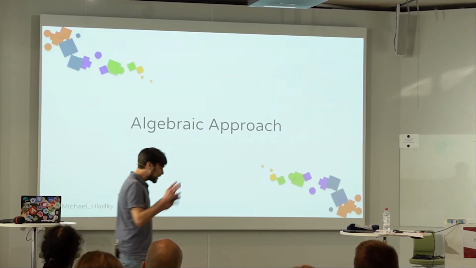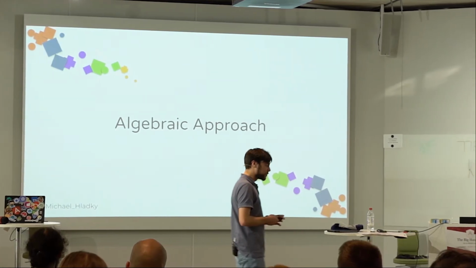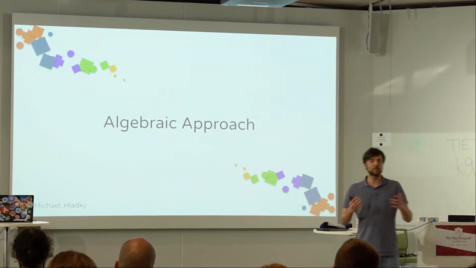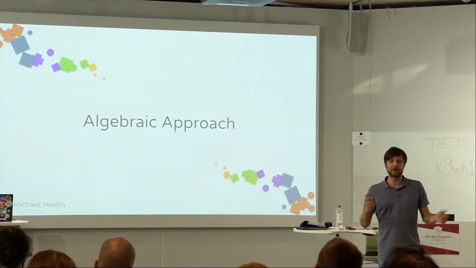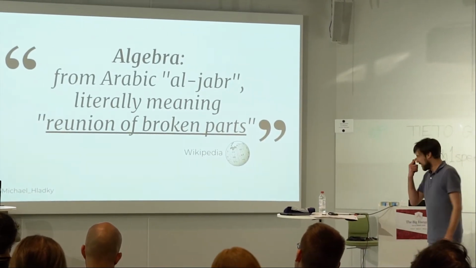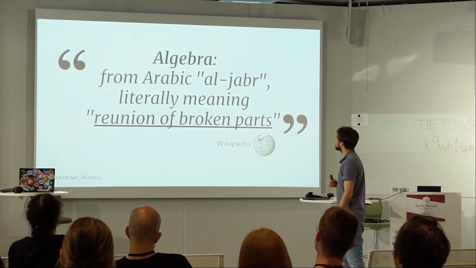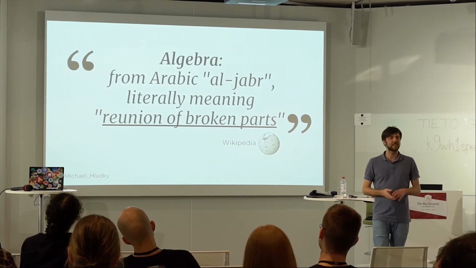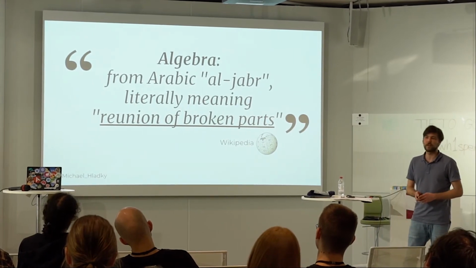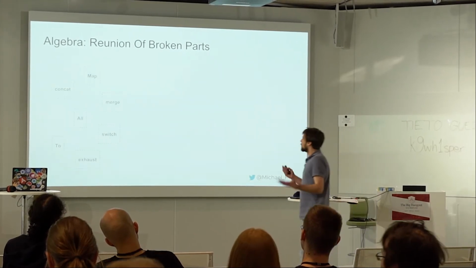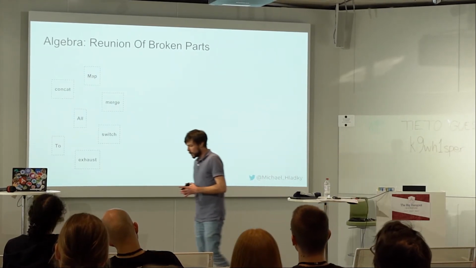Good. The next theory that I will use to explain these operators is an approach that I call the algebraic approach. Why do I call this the algebraic approach? Well, if you ask Wikipedia about algebra, it means, more or less directly translated, reunion of broken parts. So what do I mean with reunion of broken parts?